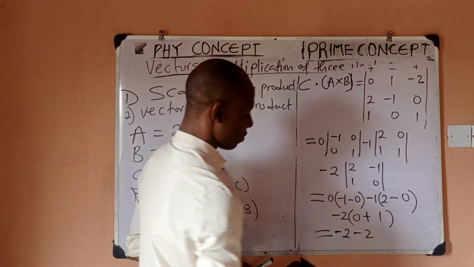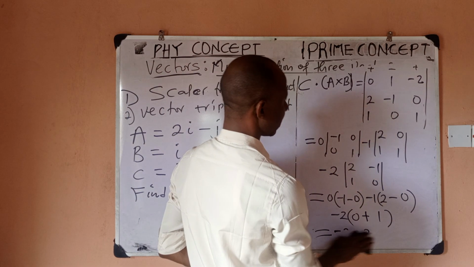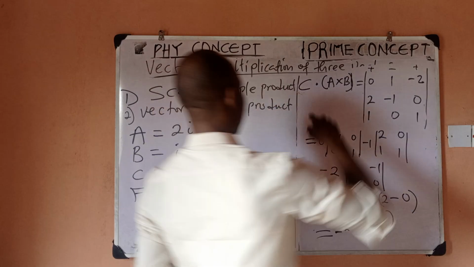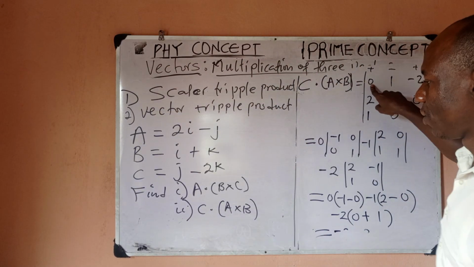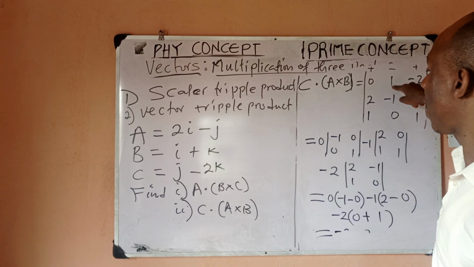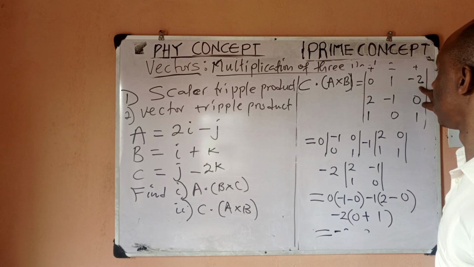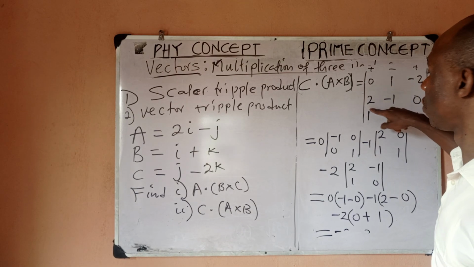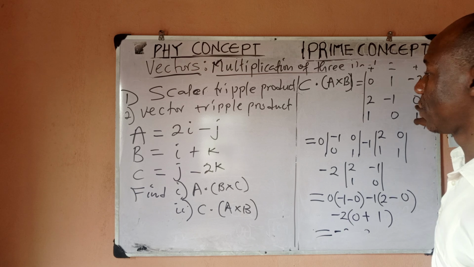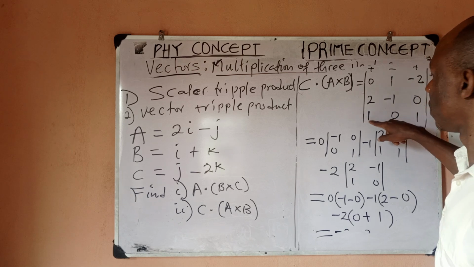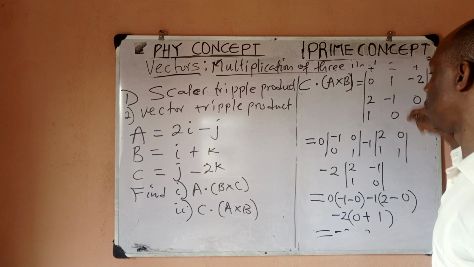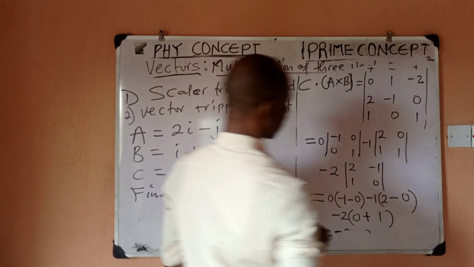There's a mistake somewhere. Let me try to quickly trace that mistake. Because I have C is 0, 1, minus 2. Then I have A is 2, minus 1, 0. I have B is 1, 0, and 1. So let me see where that mistake is coming from.